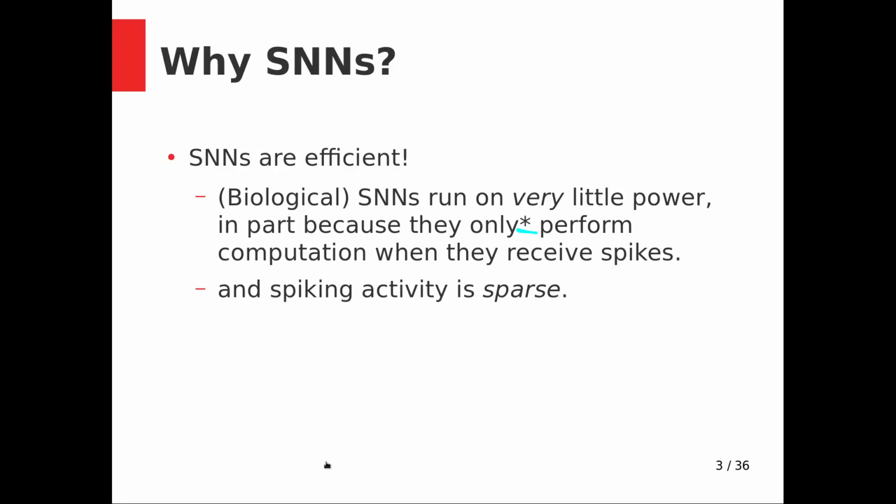So most of the time the brain isn't spending power processing neurons that don't need to be doing something, and because of that, it can perform very sophisticated tasks with very little energy. That property can carry over to the synthetic spiking networks that we build if we use an event-based architecture and develop it very conscientiously. We can design our spiking neural networks so that our spiking neurons are only being evaluated and consuming power when they are emitting or receiving spikes.